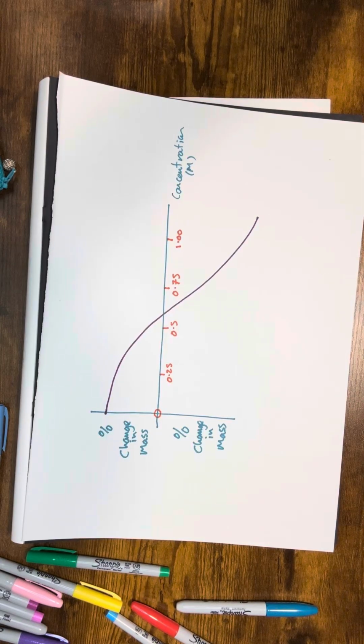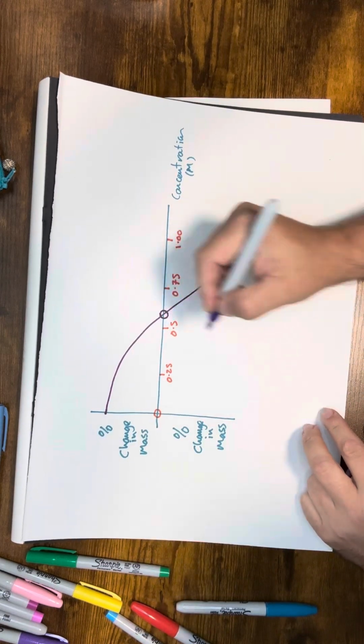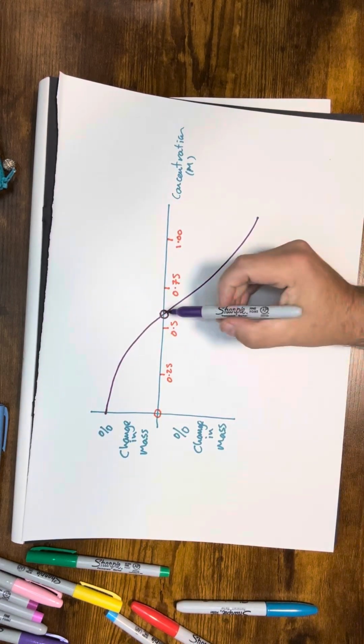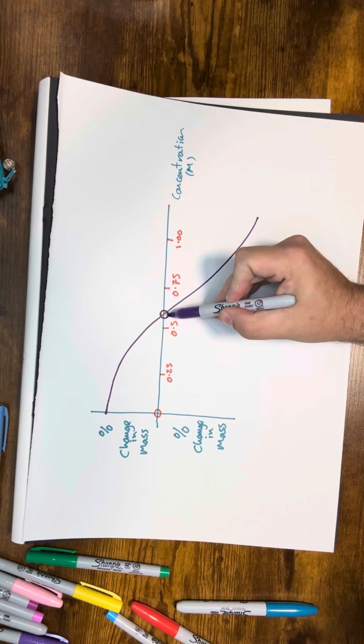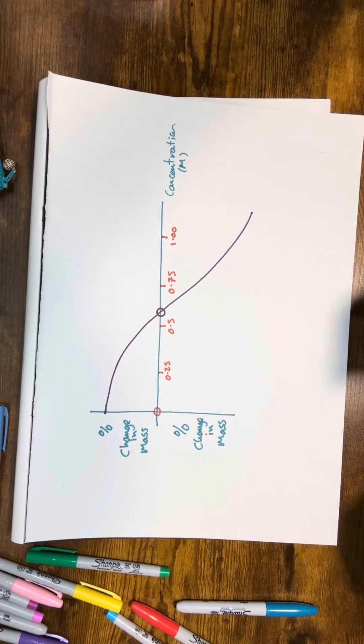Now, if we want to find the exact concentration of that cytoplasm, we look at this point here. Because if you look at this point here, our potato chip has neither gained or lost any mass. So that's the point where the concentrations on both sides will be equal. So that will be the concentration of our chip.